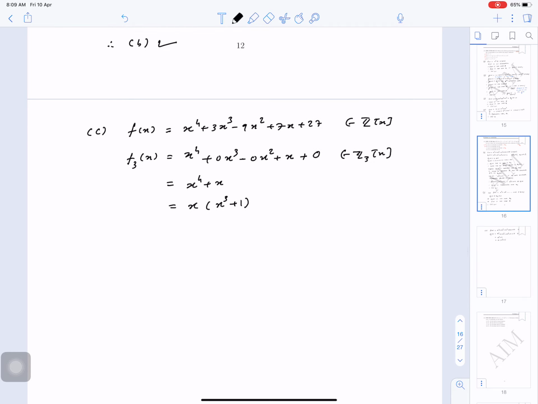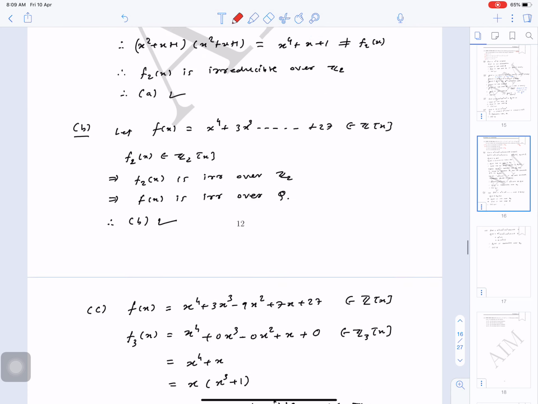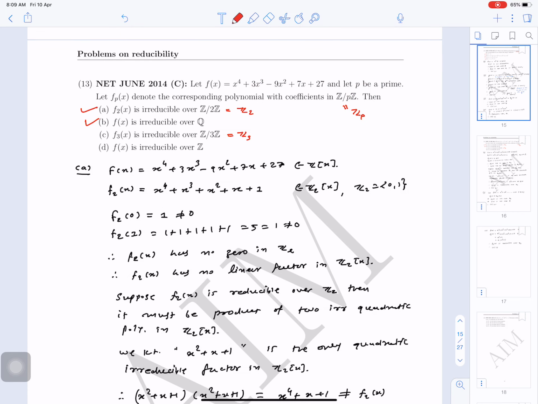So f3(x) is reducible over Z3, and in option C they say it is irreducible. So therefore option C is wrong. In option C, f3(x) is irreducible over Z3, but we get it is reducible. So option C is wrong.